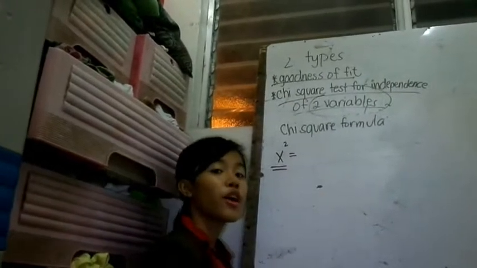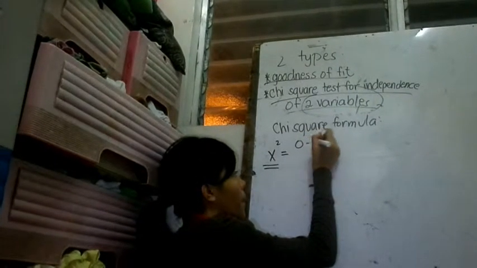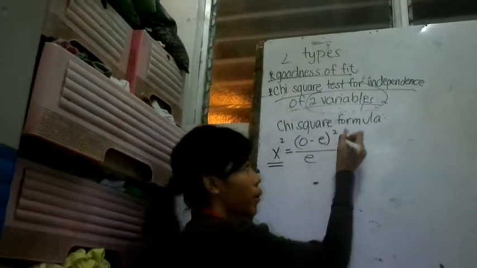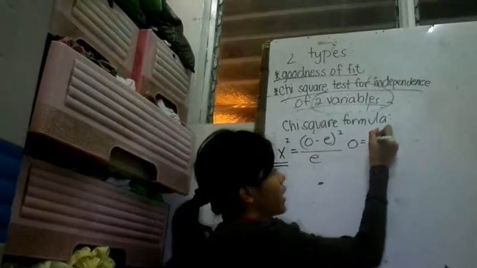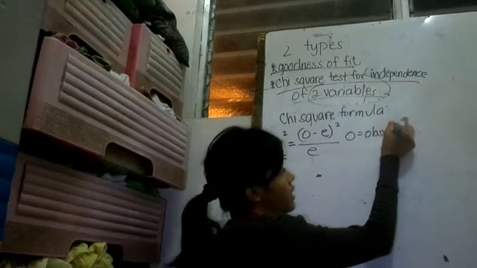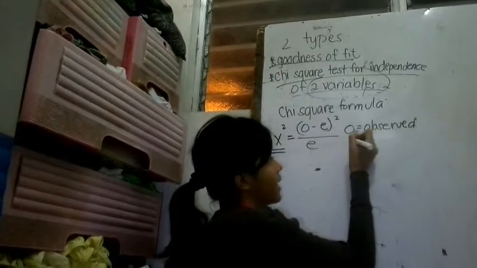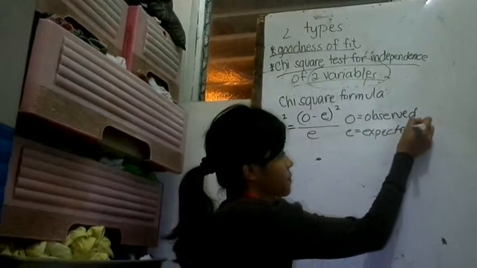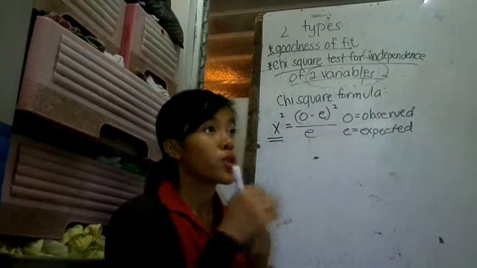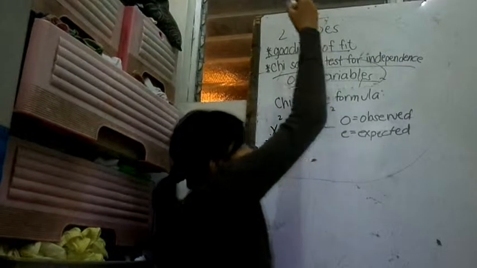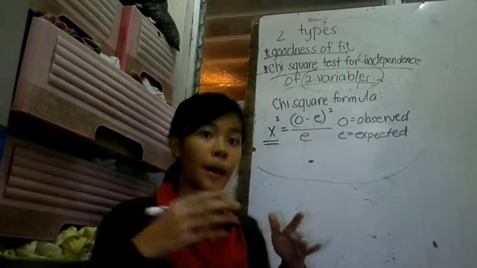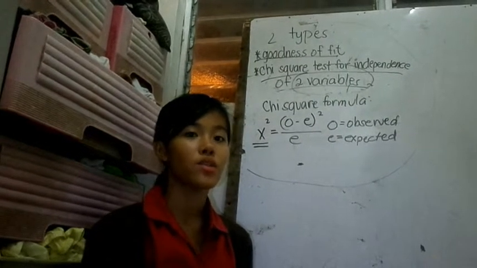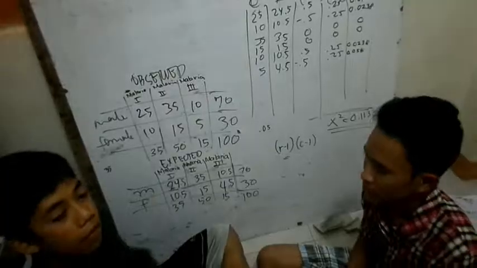The formula for chi-square is O minus E squared all over E, wherein O is the observed data and E is the expected data. To learn more about all of this, my partners will share with you the do's and don'ts in the chi-square test.